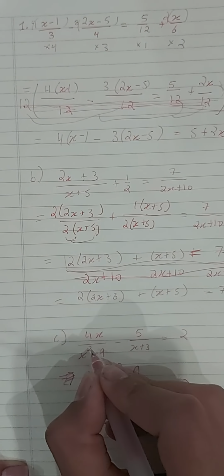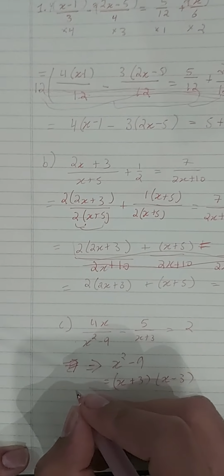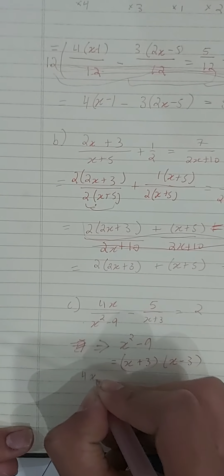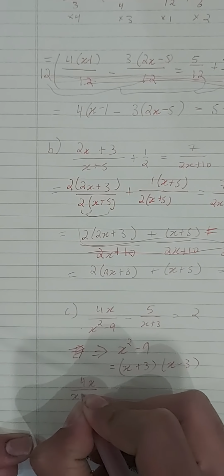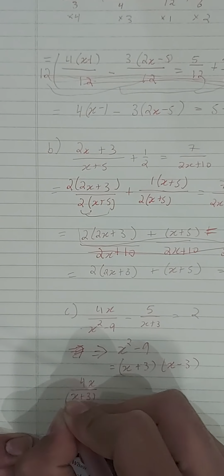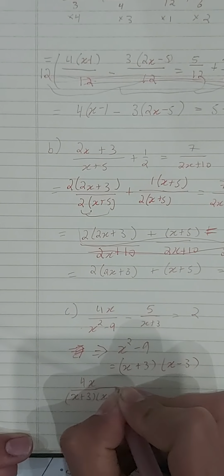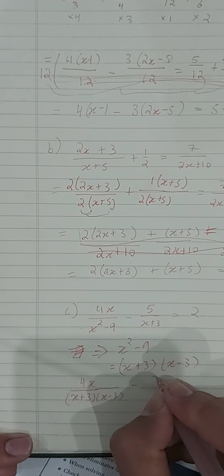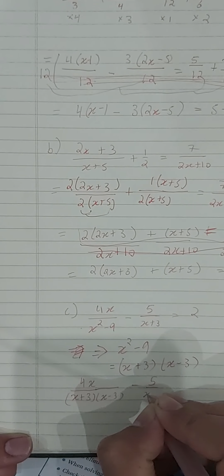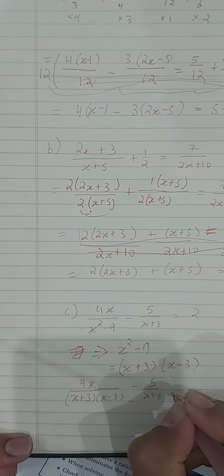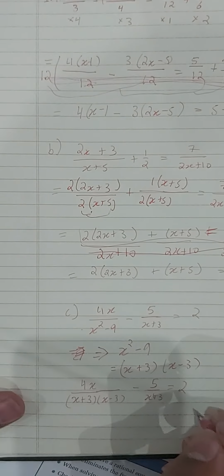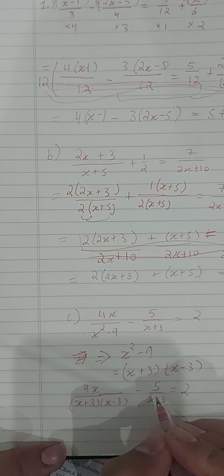So let's rewrite that in factored form. So you get 4x over x plus 3, and you have x minus 3. Okay, and let's rewrite it: minus 5 over x plus 3, and you have equals 2. So we see that x plus 3 is already here.